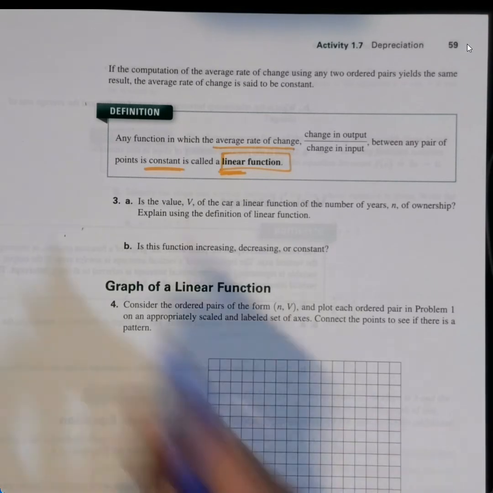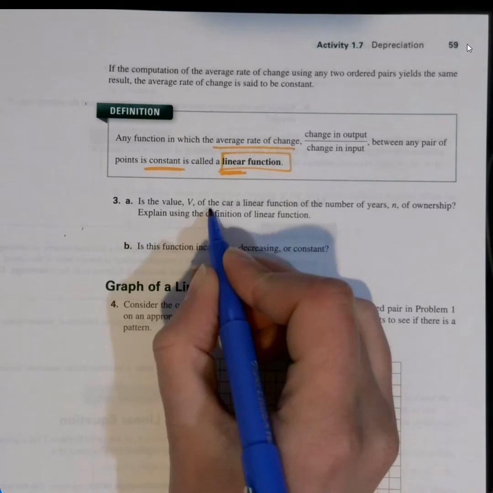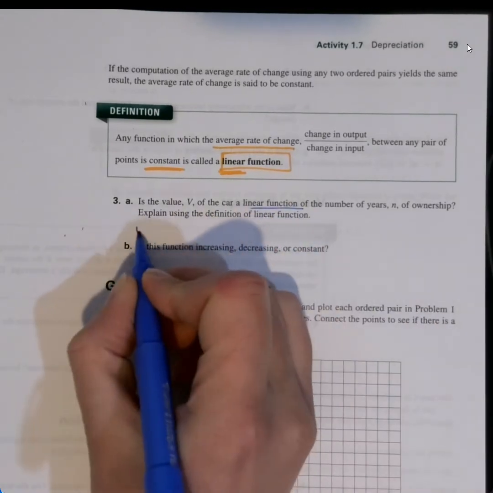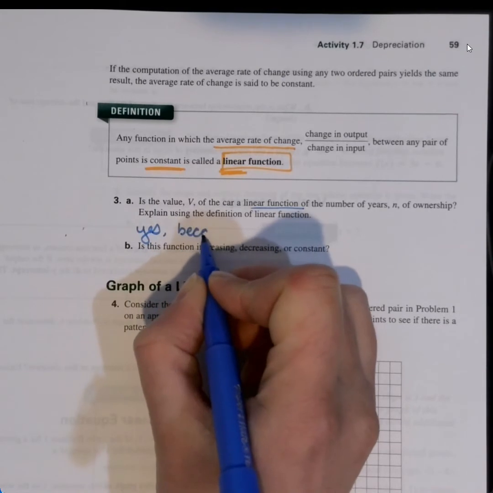So, explain using the definition of linear function if the value function is linear. So yes, it is linear because the average rate of change is constant.